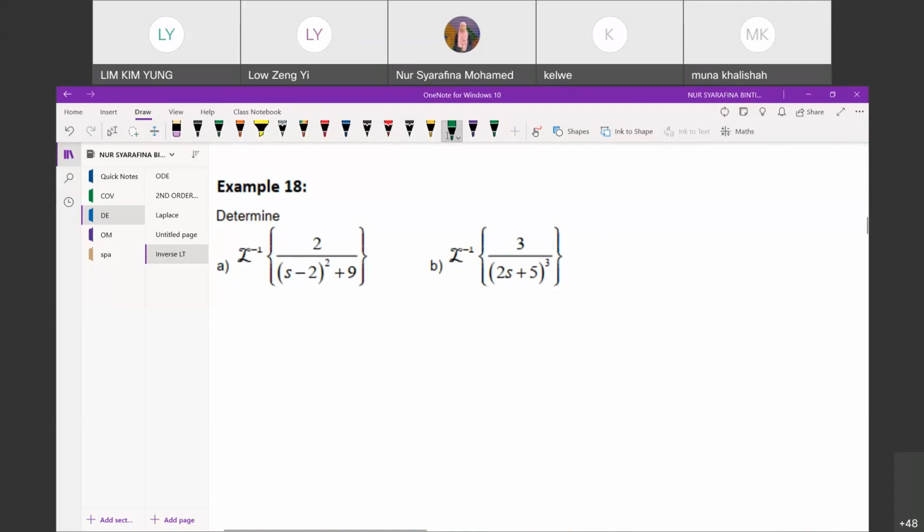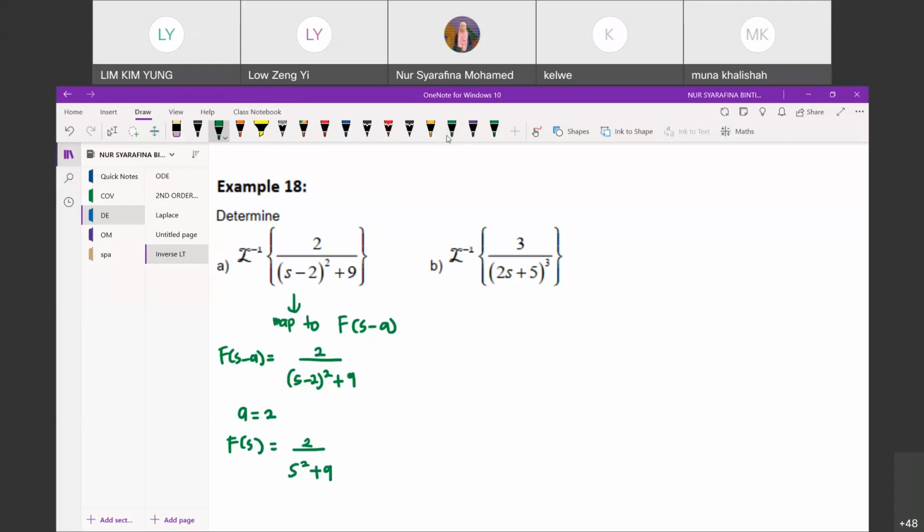So this is also mapped to F(s minus a), where a here is 2, right? So now F(s minus a) equals 2 over (s minus 2) squared plus 9. Okay, so from here you know that a equals 2. Then Fs equals 2 over s squared plus 9.